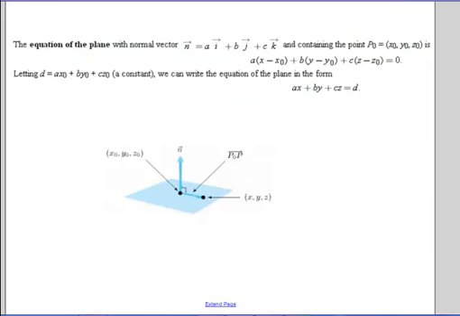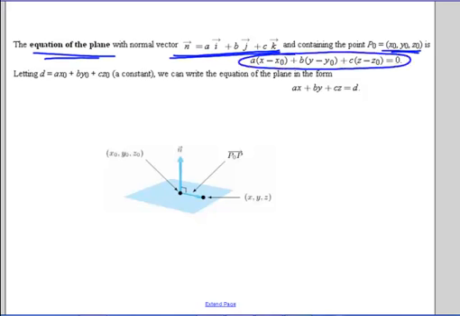So let's look at an example of that. Actually, let's first summarize this a little bit. The idea being the equation of a plane given its normal vector, just like we looked at before, containing some point, is the following, and it's equal to 0 because when we dotted them, they were perpendicular.